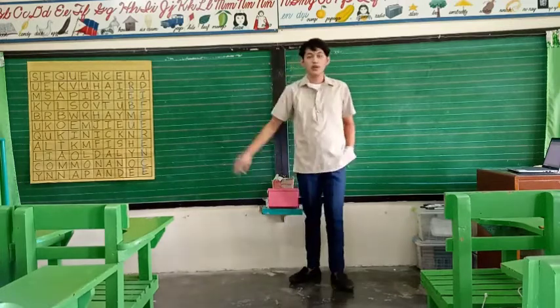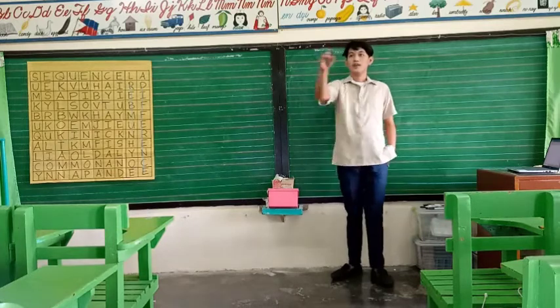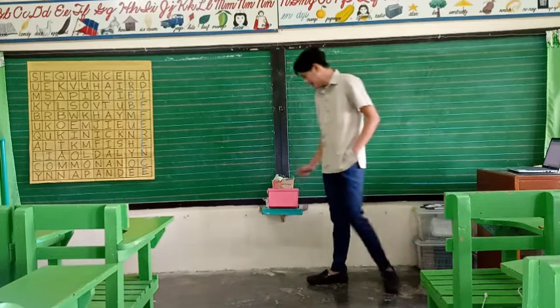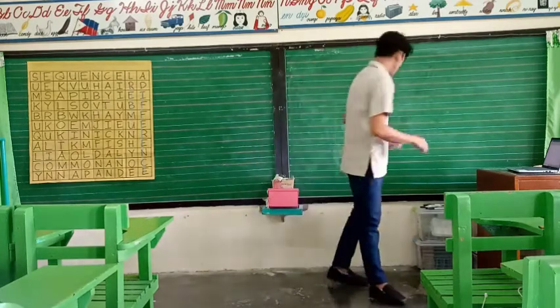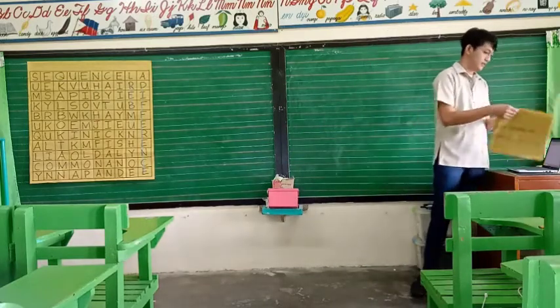Based on the crossword puzzle, what do you think is our lesson for today? Yes, Miss Kai? Arithmetic sequence, sir. Okay, very good. Our lesson for today is all about arithmetic sequence. So, first, what is arithmetic sequence?